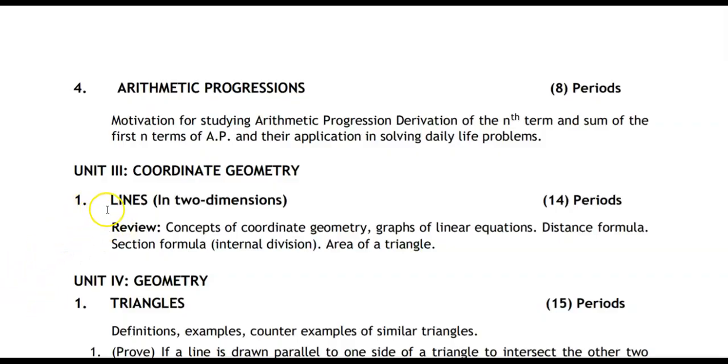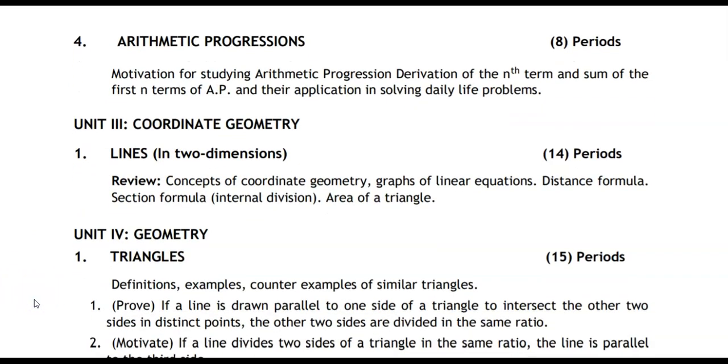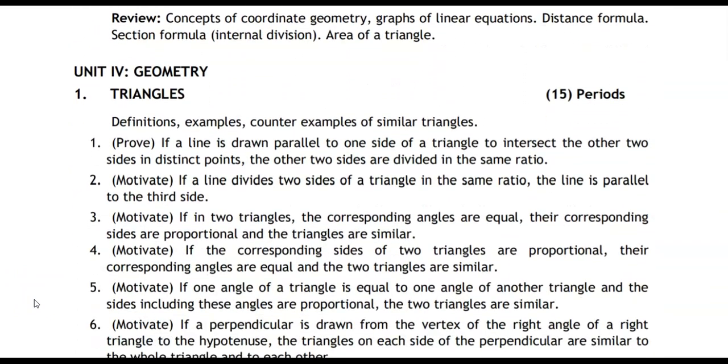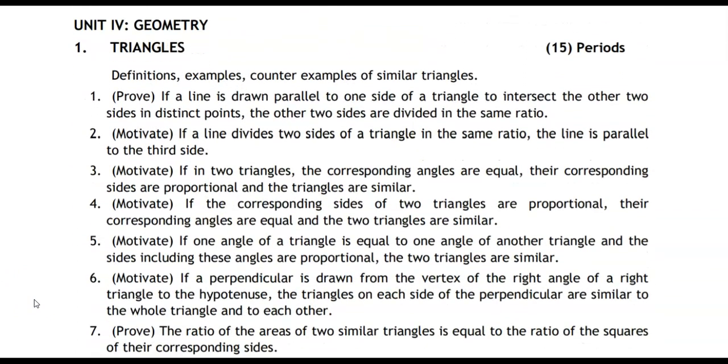First chapter, lines, that is in 2 dimensions, that is coordinate geometry. And then unit 4, geometry. In this we can see the chapter called triangles. In this we have a set of theorems, but only the theorems given as proof are the ones you have to concentrate on. It means that you have to derive this theorem, you have to prove this theorem.